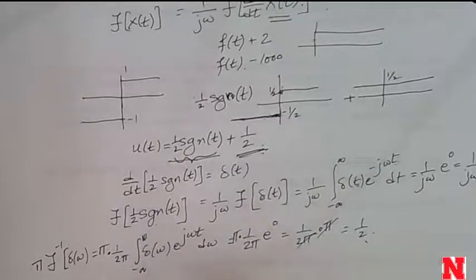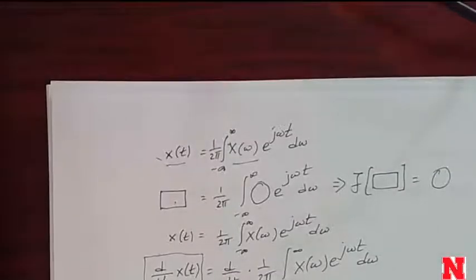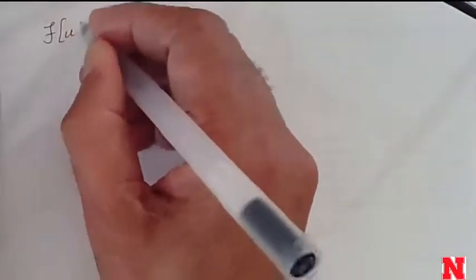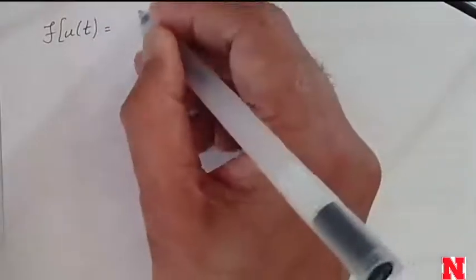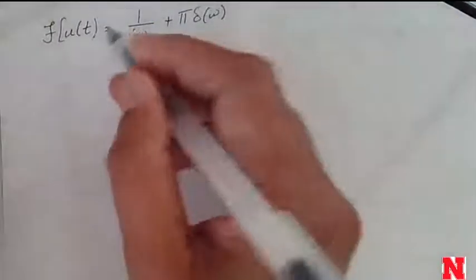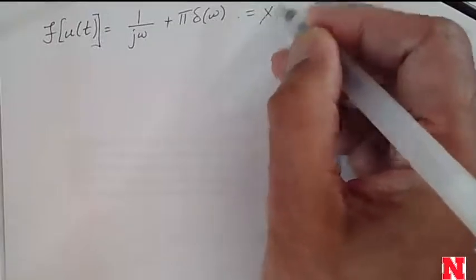So the Fourier transform of the unit step now is just 1 over j omega plus pi delta of omega. Okay, and now I can go back to my input. This is X of omega.